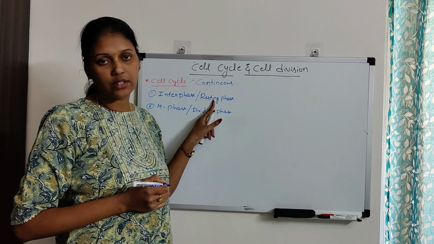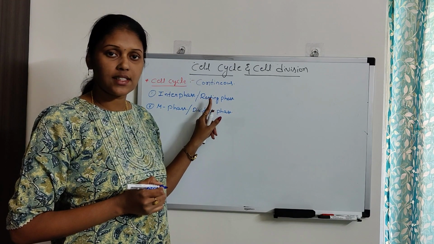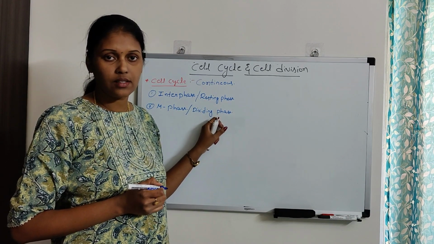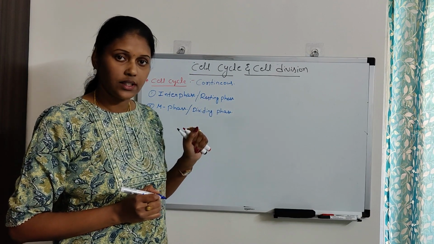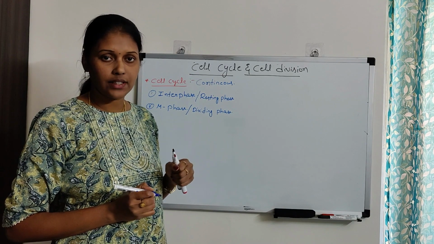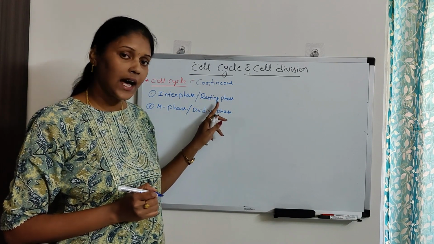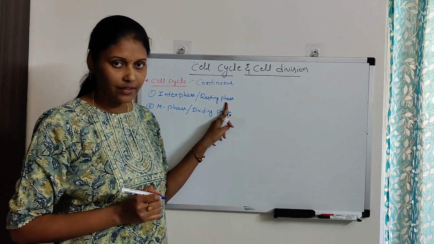So they believed that this is a resting phase. But actually interphase is an active phase. Why? Because the growth changes take place in this phase only. That means the cell has to grow and prepare itself for the division. So it is an active phase, but previously it was called a resting phase.